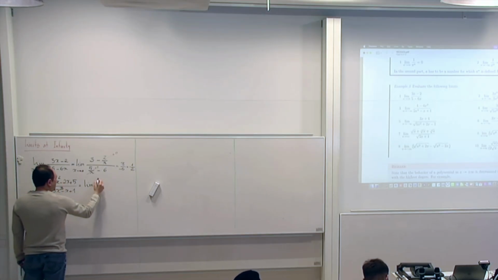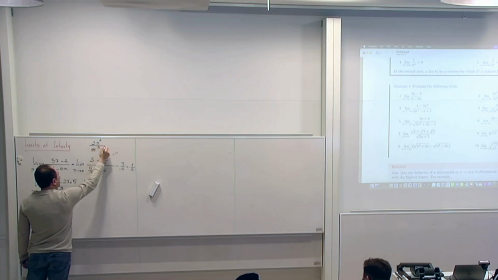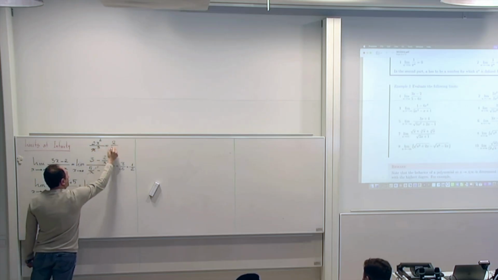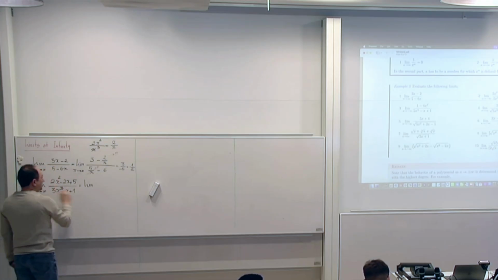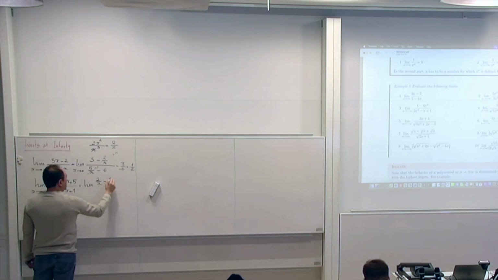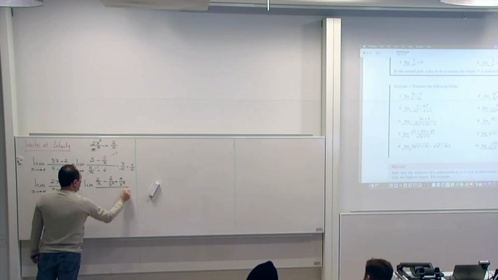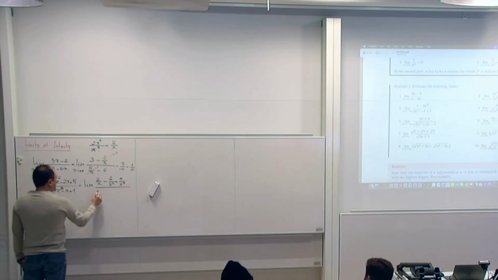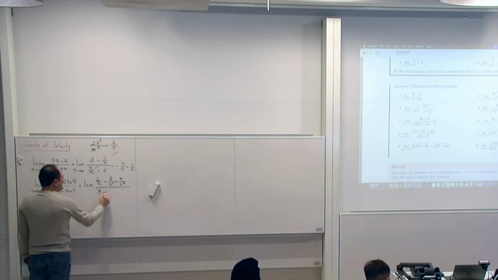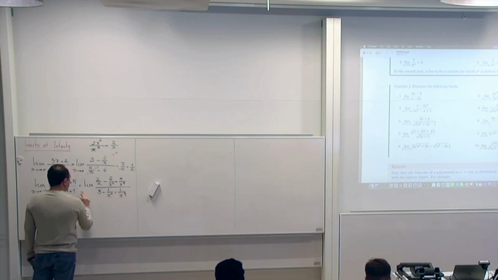What happens? 2x squared divided by x cubed, it becomes 2 over x. So the first one becomes 2 over x minus 2 over x squared, and the next one will be 5 over x cubed. And when I divide the denominator by x cubed, the first one becomes just 3, the next one becomes this, and the next one becomes this. And x goes to infinity.